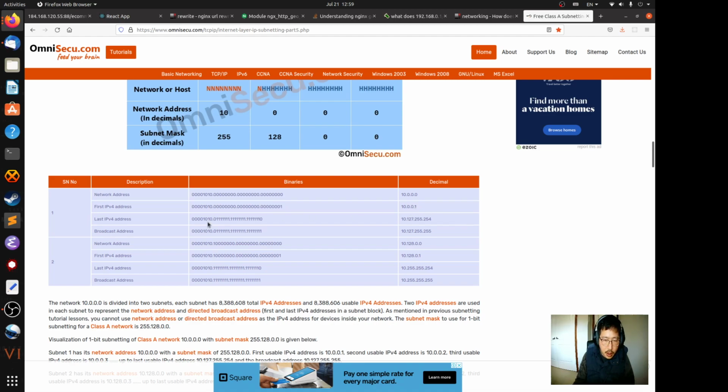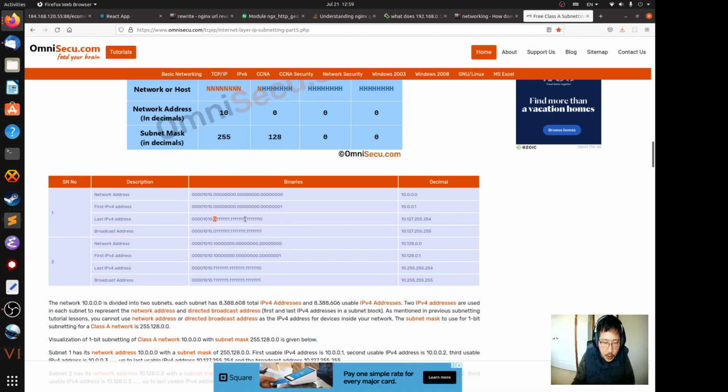The last IP address is, as we can see here, we have borrowed this bit to represent all the subnets. So the very first usable IP starts from here. Remember, we reserved this portion for networks.